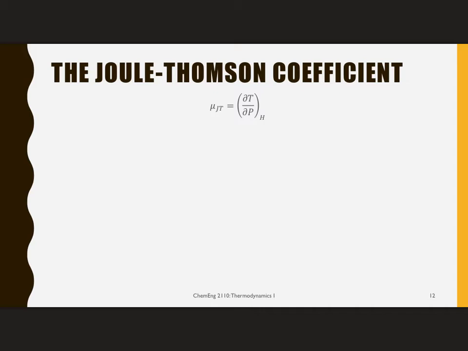So dT dP, how does temperature change for a given change in pressure? The path, though, of going through these expansion valves is at constant H. So what I'm really wanting to know is how T changes with pressure at constant H, dT dP at constant H. And this is defined to be the Joule-Thomson coefficient.